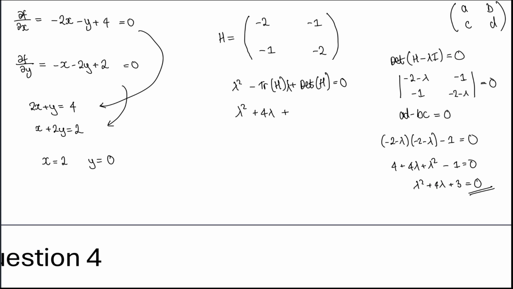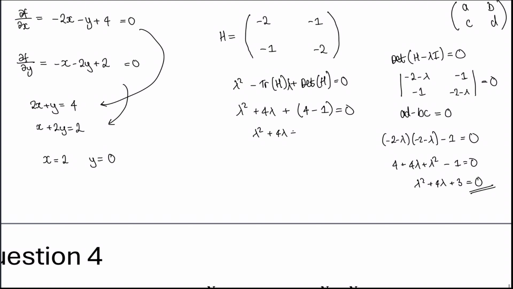And then plus the determinant of this matrix, which is just minus 2 times minus 2, which is 4, minus minus 1 times minus 1, which is 1, which is just 3, is equal to 0. So we get lambda is equal to minus 1, and then lambda is equal to minus 3. So both eigenvalues are negative, so it is a local maximum.